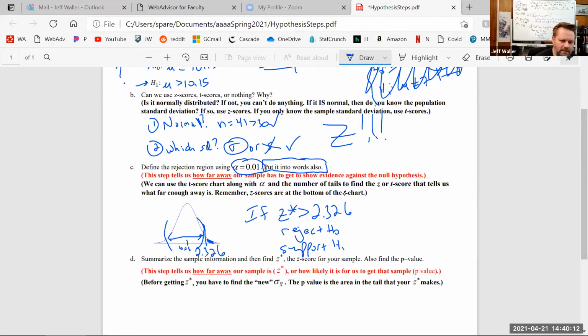So what does it mean if I get a sample that's far away? That would mean that this is probably not the right mean. Is there a chance I'm wrong about that? Of course there is. This is statistics. This is the most honest math. It's like, dude, I think so. People hate it for that reason, but it's honest. I love it.